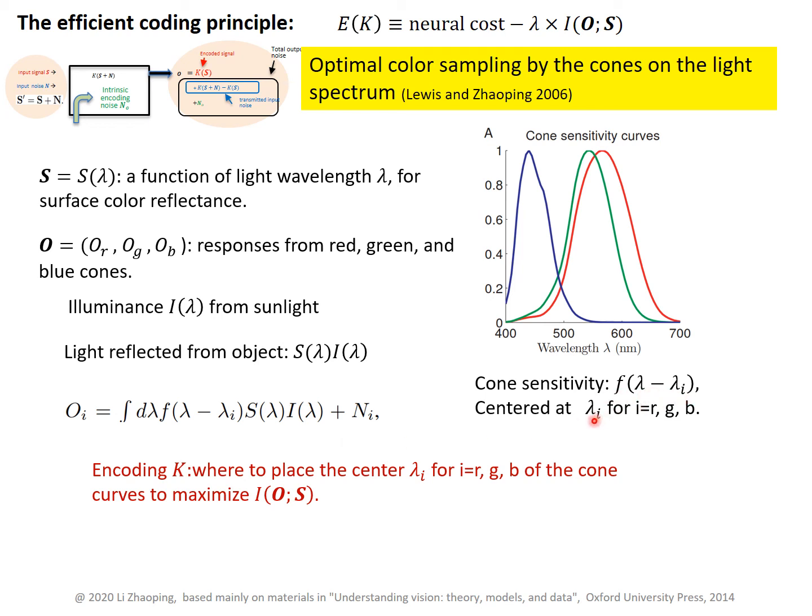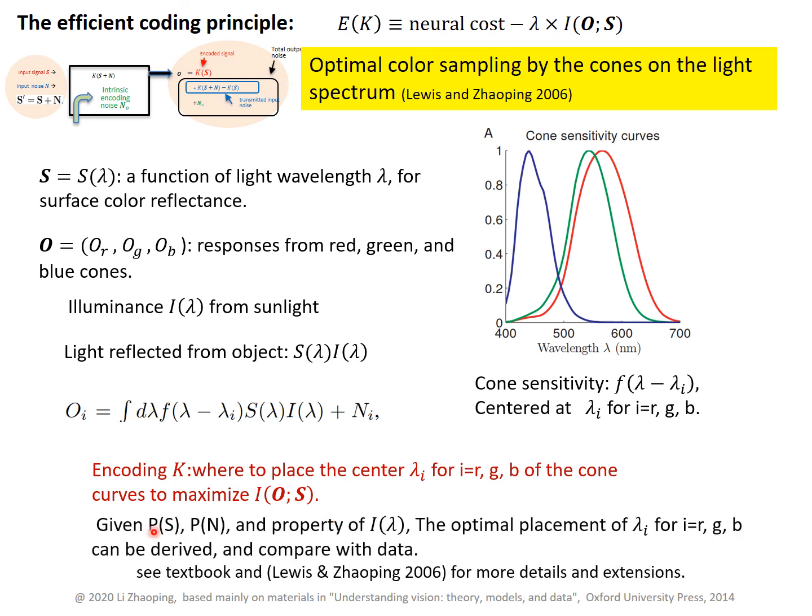For each set of 3 peak lambdas, you can calculate the mutual information between the response O from the cones and surface reflectance. And then you find what should be the 3 peak lambdas such that this mutual information is maximized, and those 3 lambdas should be how nature designed it.